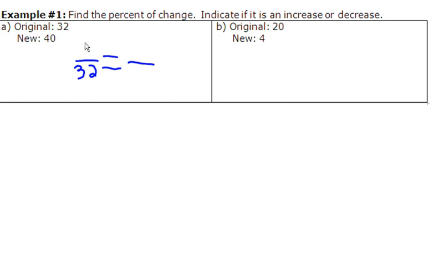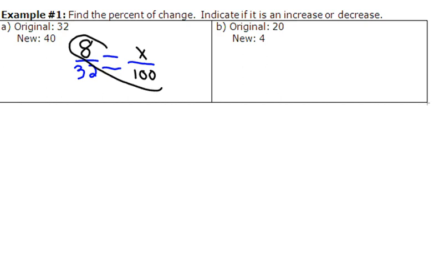Well, it's gone up 8, so I would put an 8 on the top. Now over here is our percent ratio. We're trying to find the percent of change, so that would be x over 100. Now it's just like every other problem. We're going to cross multiply.